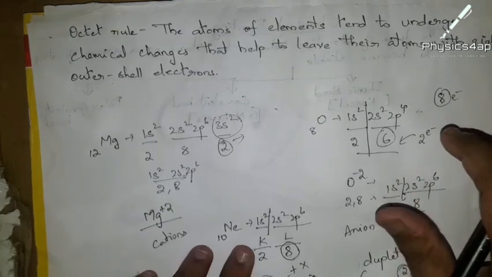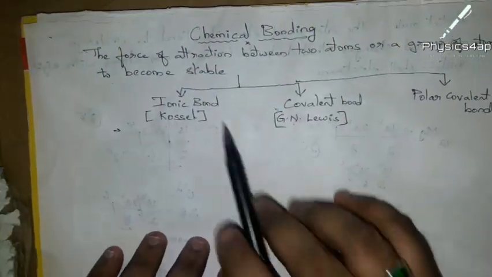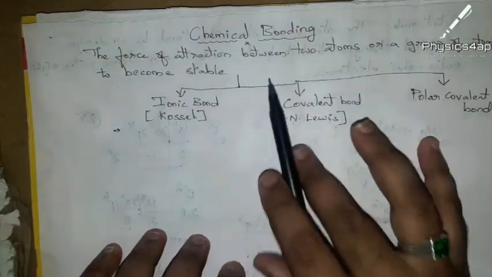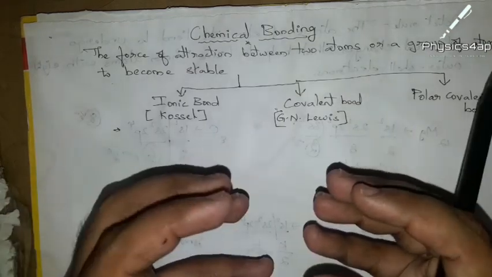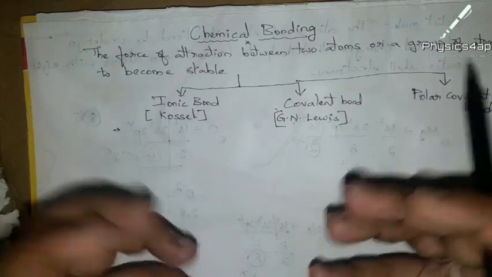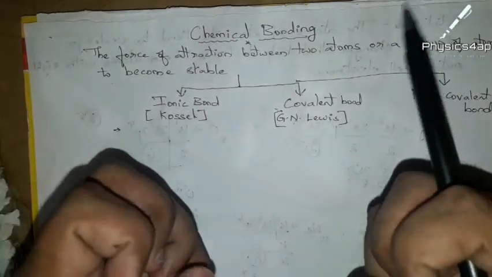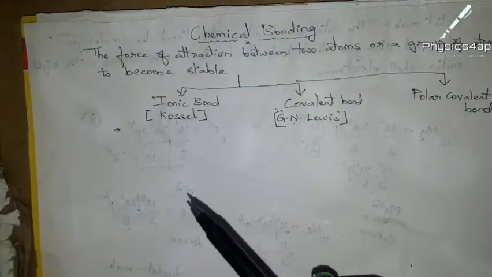Now coming to our chapter, that is what we call the chemical bond. A chemical bond is nothing but the force of attraction between 2 atoms or a group of atoms to become stable. If we take 2 atoms or a group of atoms and combine them together, we get a compound or a molecule. The force of attraction between those atoms is called chemical bonding.